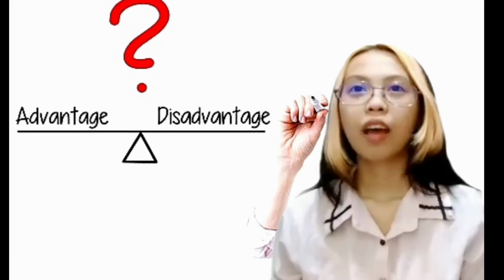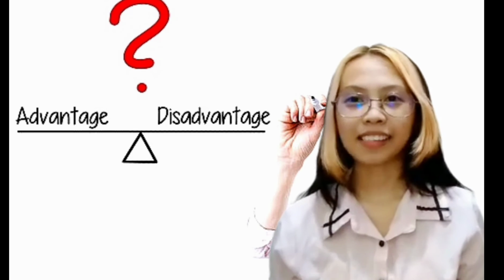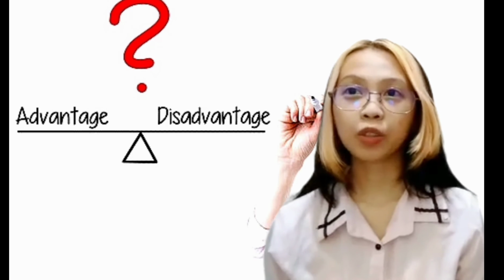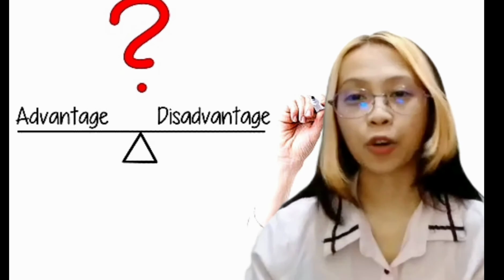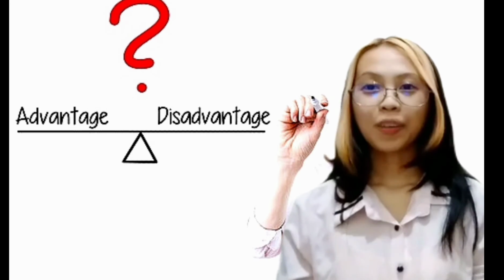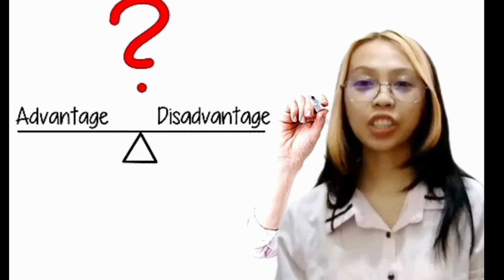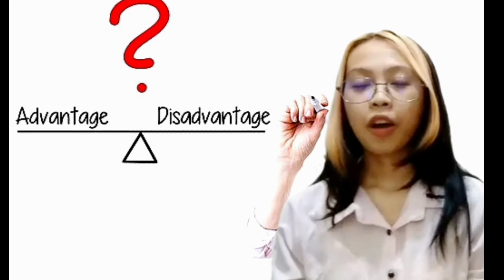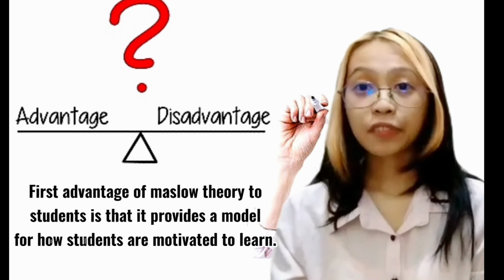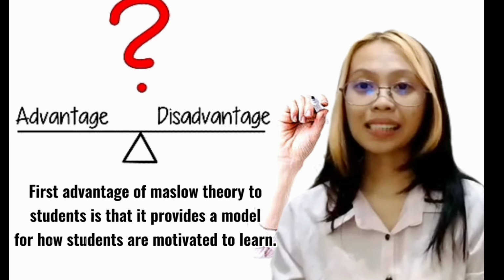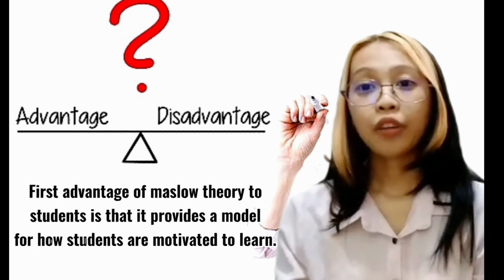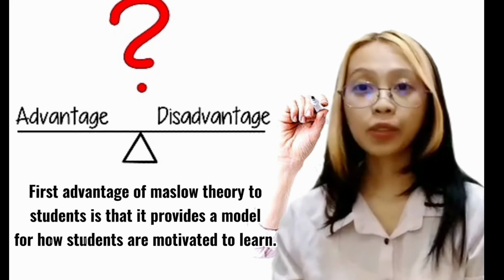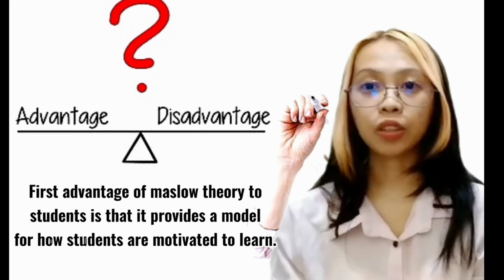Hello, I'm going to discuss the advantages and disadvantages of Maslow's theory to learners or to the students. So, let's discuss the advantages first. The first advantage of this theory is that it provides a model on how students feel motivated to learn.